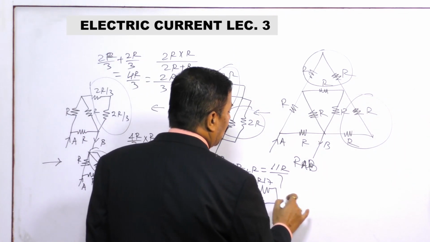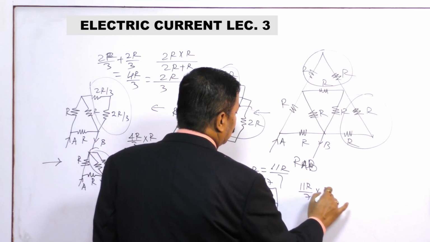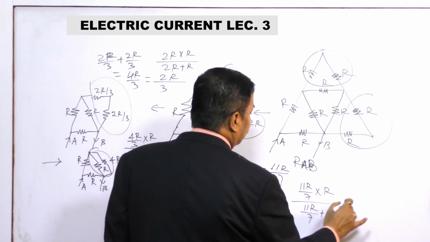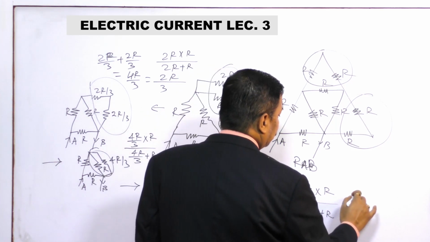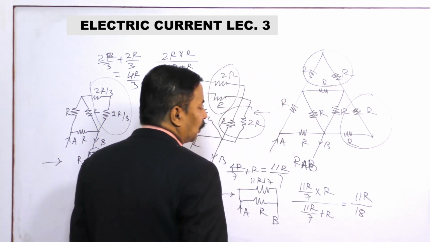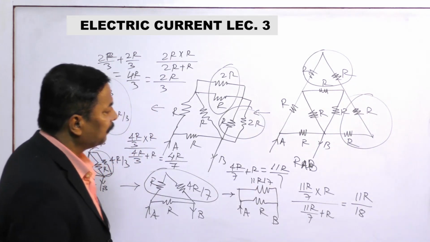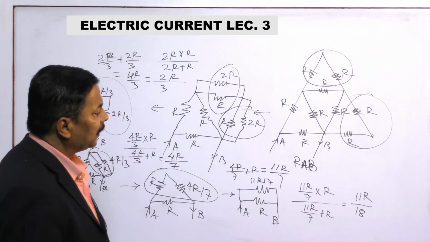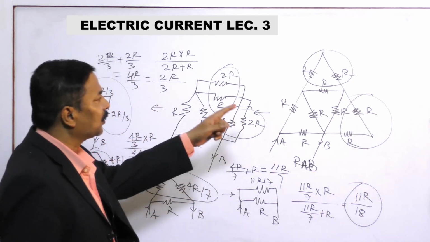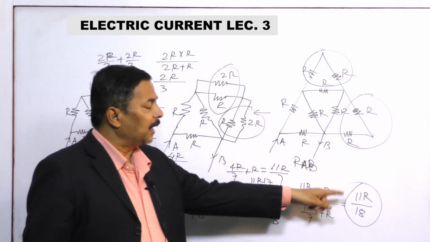So the final result is 11R by 7 into R by 11R by 7 plus R. This gives you 11R by 18, provided the calculation is correct. 11R by 18 is the correct answer. The equivalent resistance of this combination of resistors is 11R by 18.